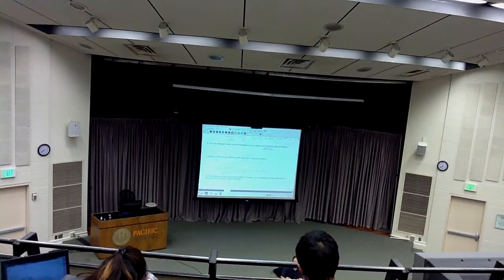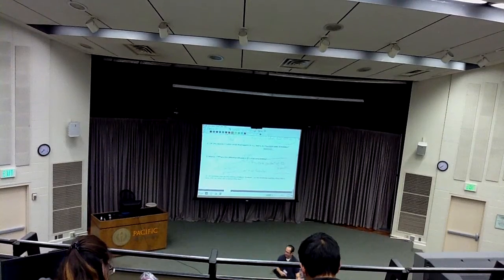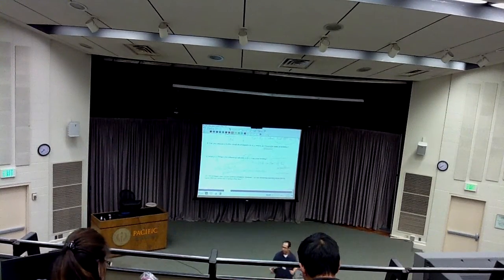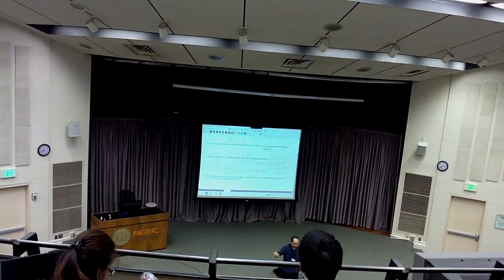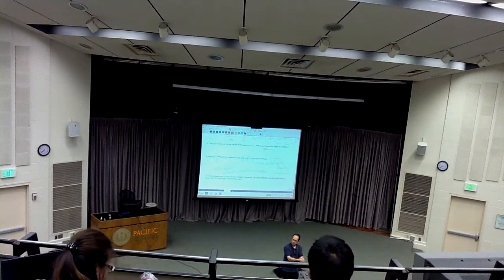k1 is the rate constant of ES formation. By definition, they are very different. k1 is how fast S binds to the free enzyme.